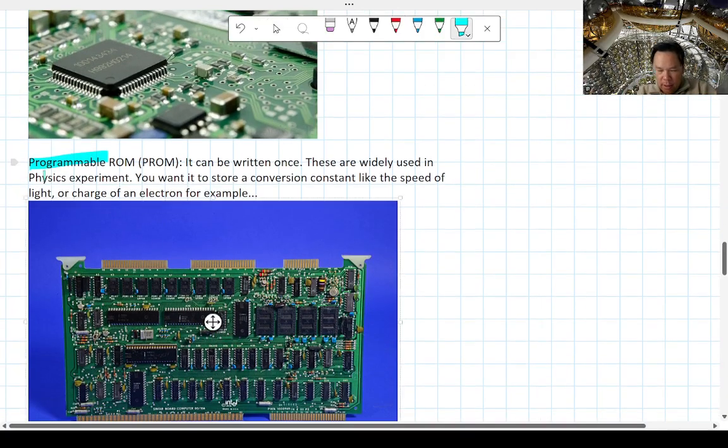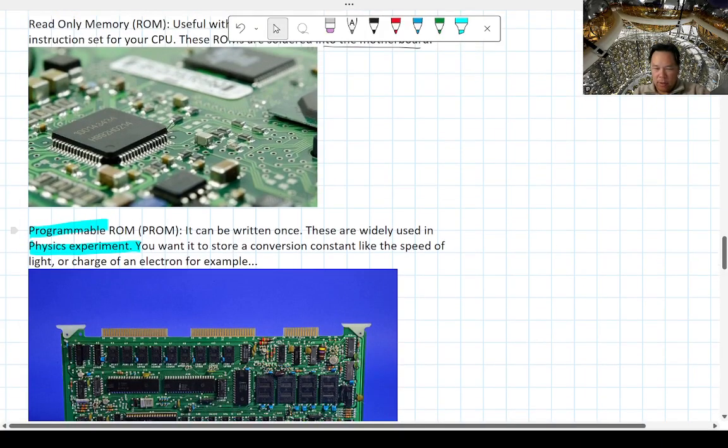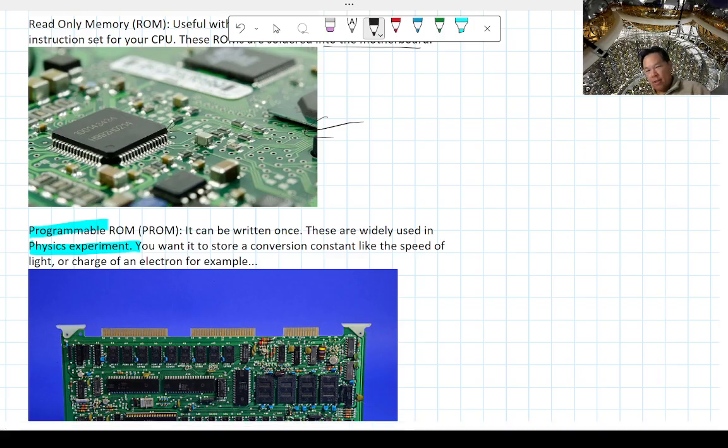Okay, and this is actually very widely used in physics experiments because a lot of times we want to program something, but we don't want to talk to TSMC or a chip manufacturer. Can you make this one chip for us that does this particular routing, right? Because typically they would make this for a motherboard where they will sell millions of units.